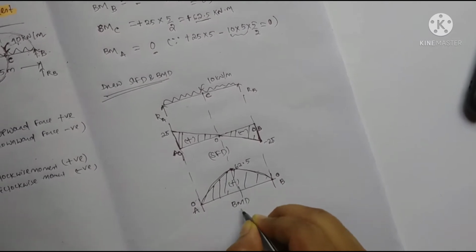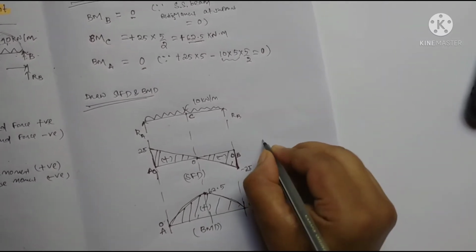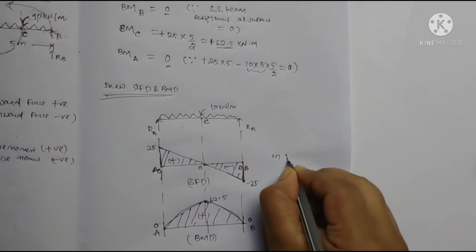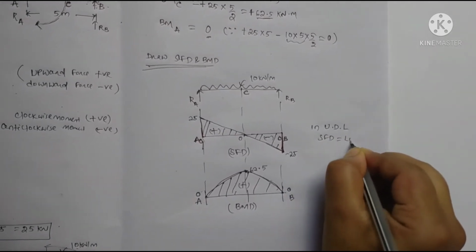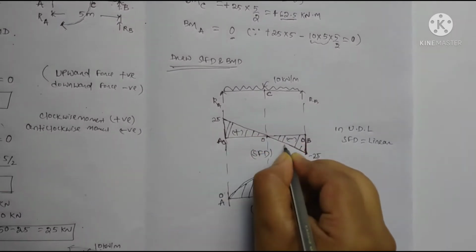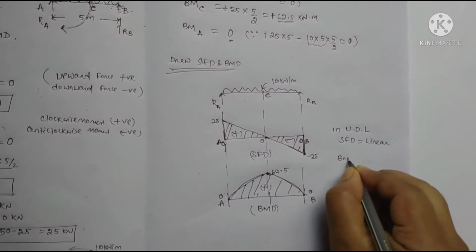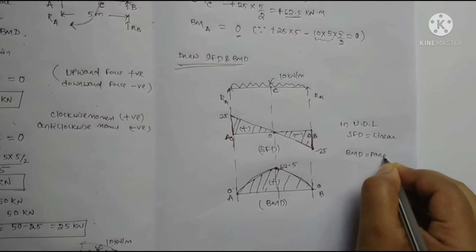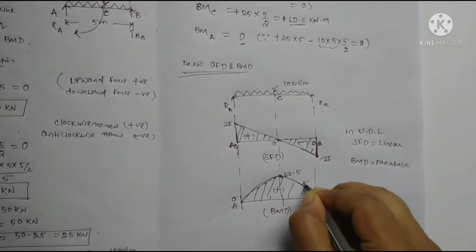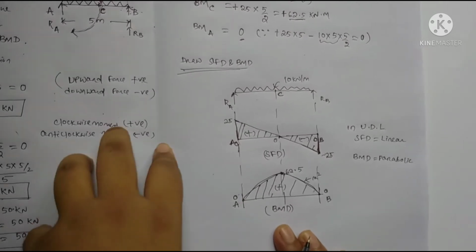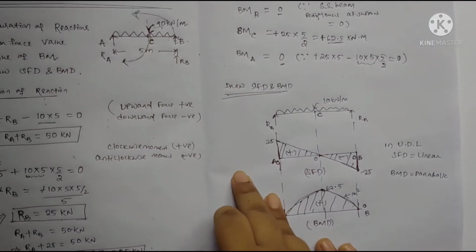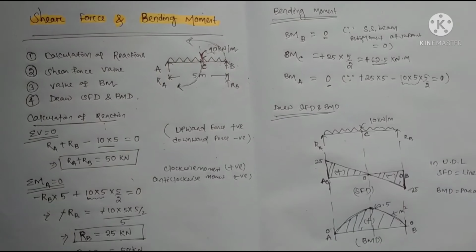Here I write that in uniformly distributed loading, shear force diagram is linear, so it will vary linearly. And bending moment diagram is parabolic, parabolic is x square. Here we have completed a problem using uniformly distributed load in a simply supported beam.